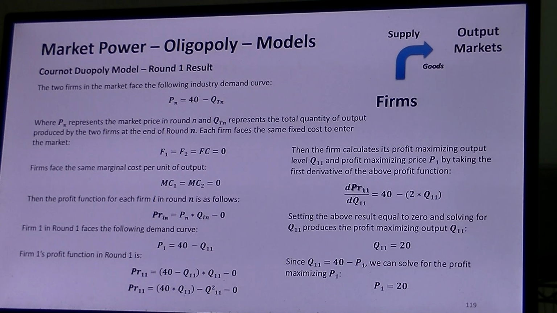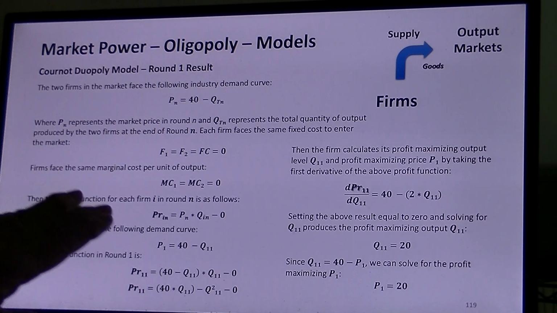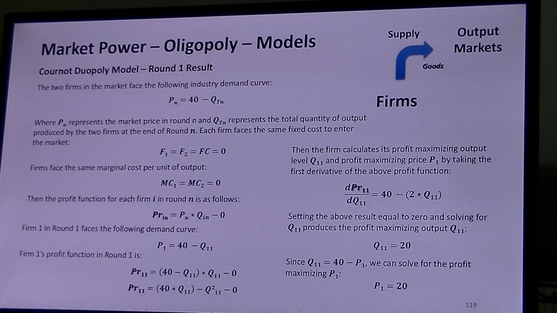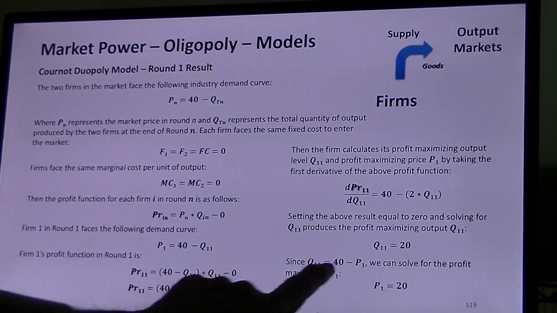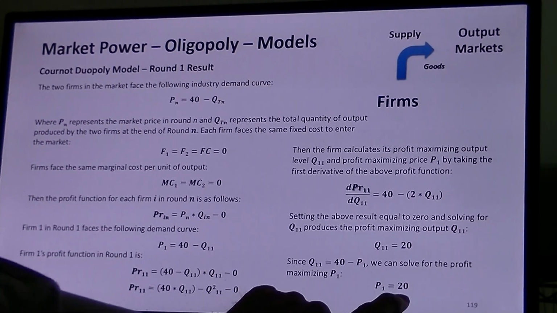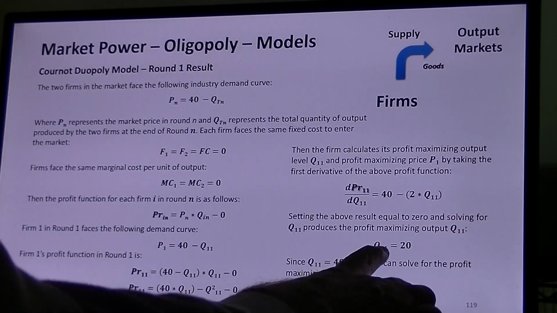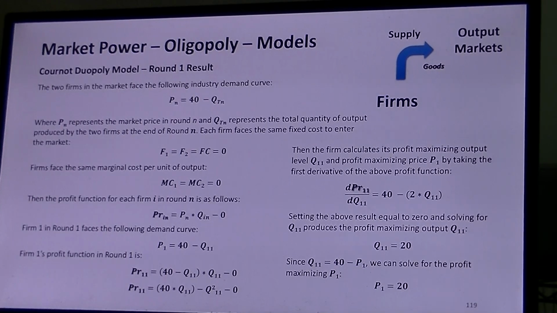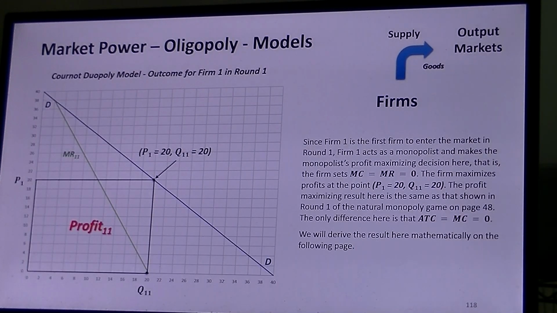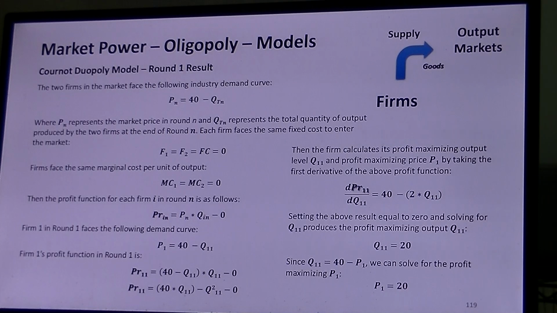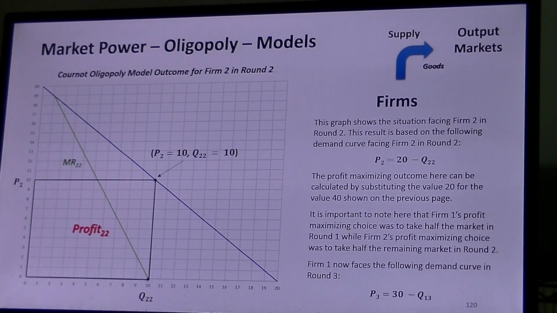Just do that using pen and paper, just to confirm this to yourself. I think that's always useful to do, to work this out for yourself, so you know you understand this. So we can solve for the profit maximizing P1, and that's P1 equals 20. We can see Q11 equals 20, P1 equals 20, and that in fact is our result that we show right there in the graph.